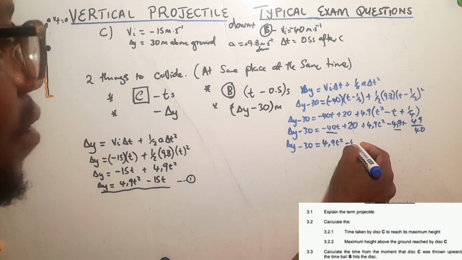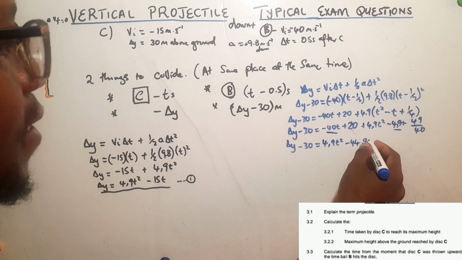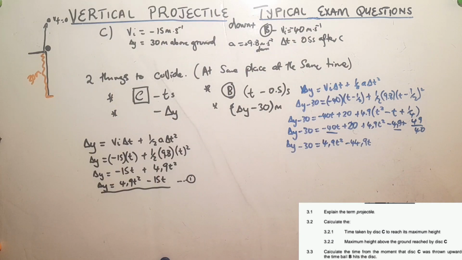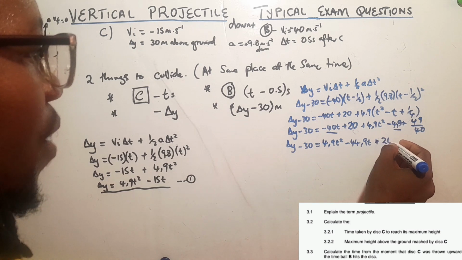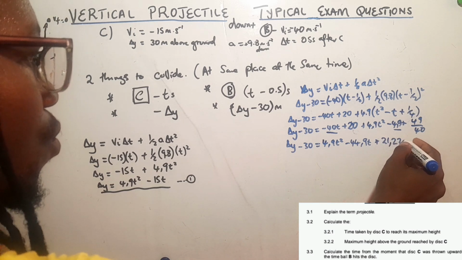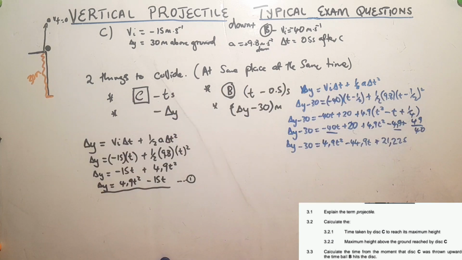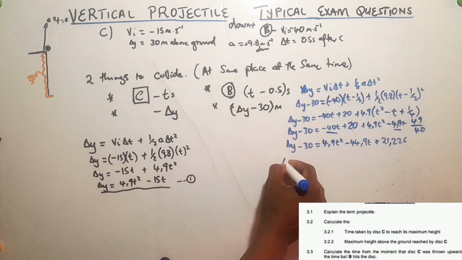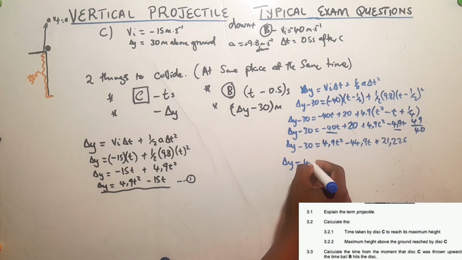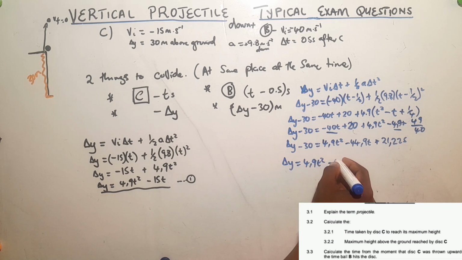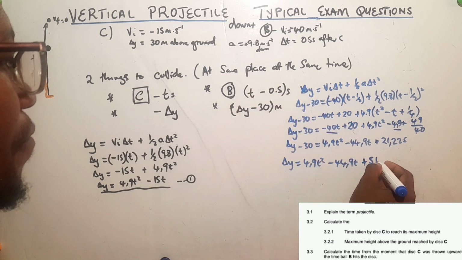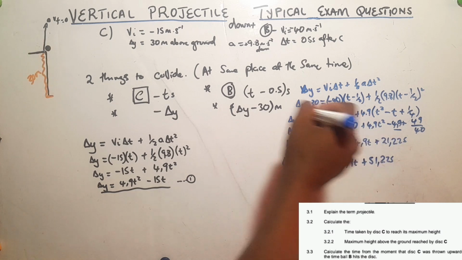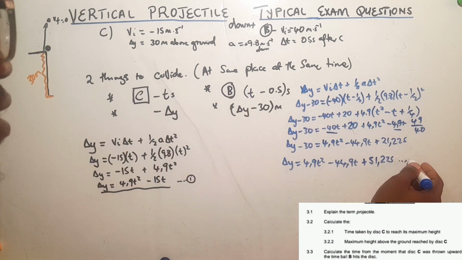So that will give us negative 44.9t, and 20 plus 4.9 over 4 will just give us plus 21.225. Taking 30 that side, our change in y now becomes 4.9t squared minus 44.9t, and when 30 goes that side, it will add with that one, and give us plus 51.225. So you can call this equation 2.